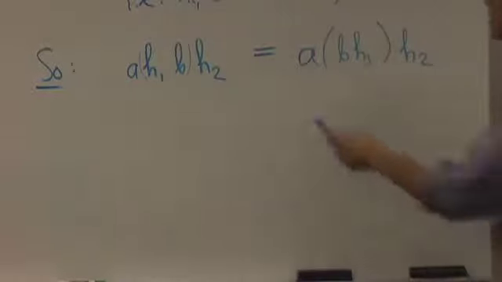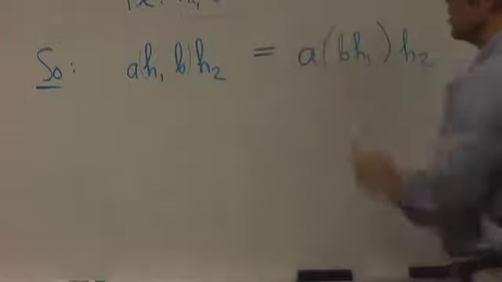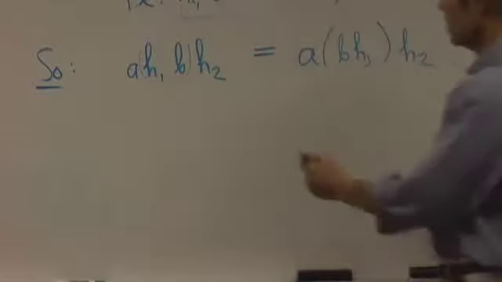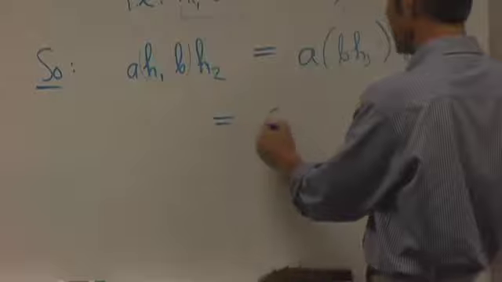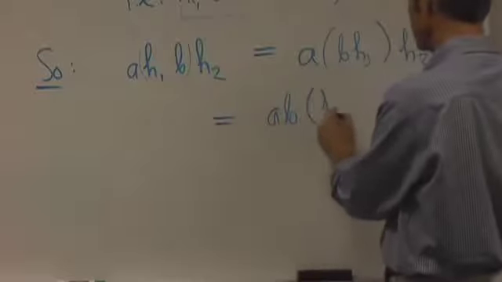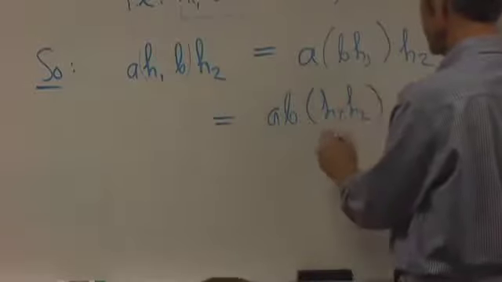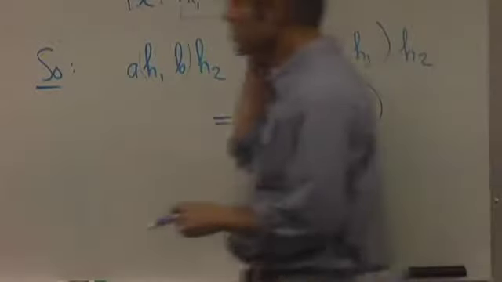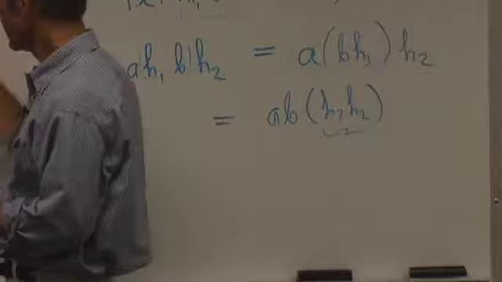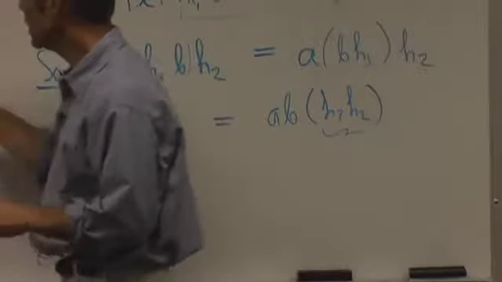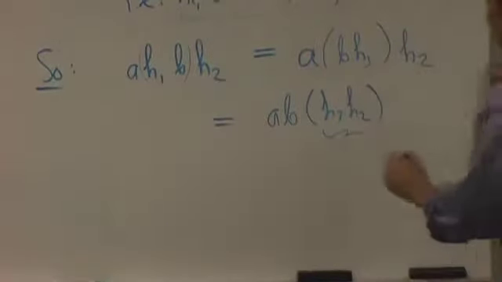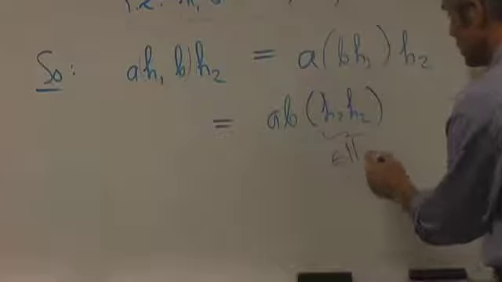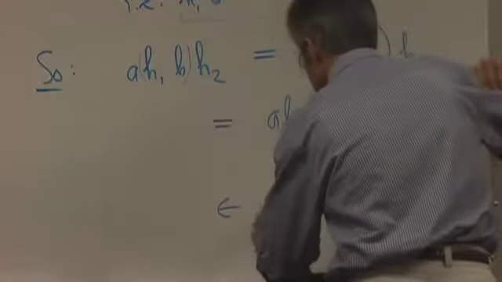We're just substituting what we observed about H1b. Which equals AB, I'll combine that with H3 H2. But wait a minute. H3 is in H, and H2 is in H. So H3H2 is in H. So the punchline is that this is in ABH.